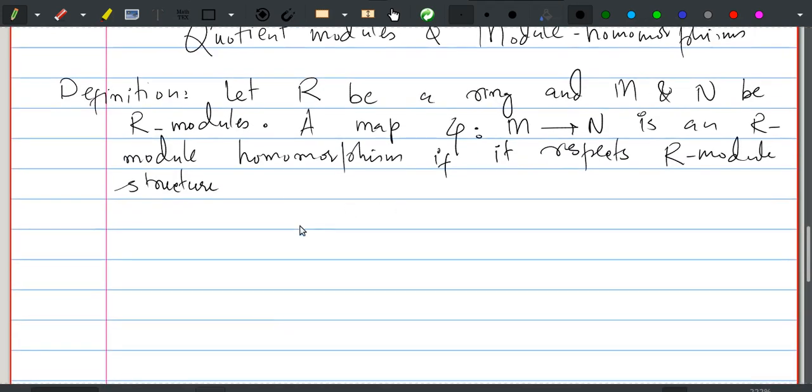That means if this is module M, this is module N, and this is the map phi.